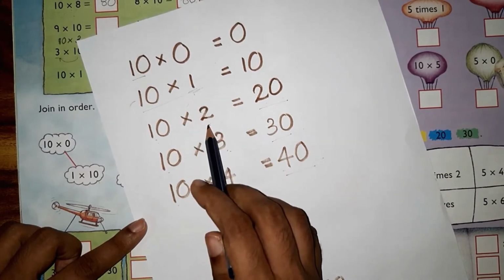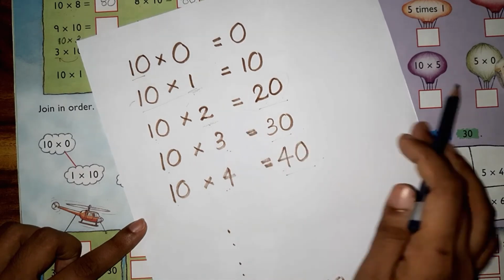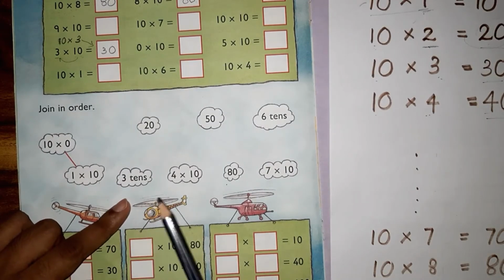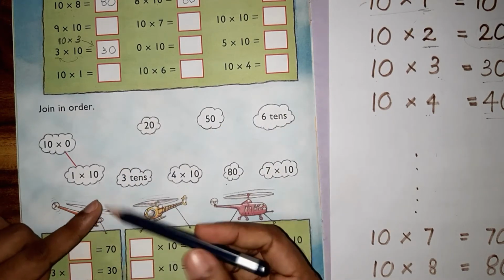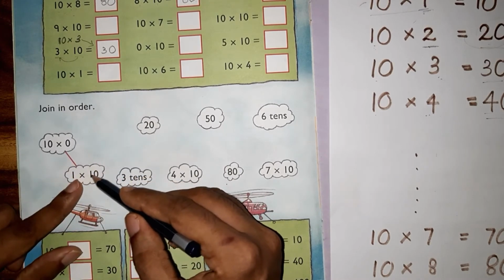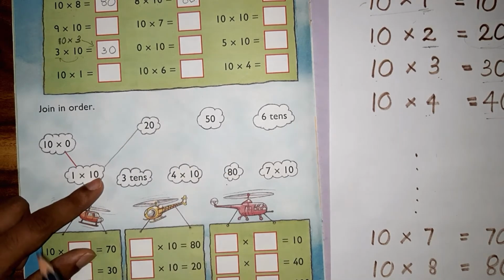After 1, it should be 2. We know 10 times 2 is 20. Where can you find 10 times 2? Can you find it? Yes, it's here. Now you have to draw the line after 1. Then you have 10 times 2 here.